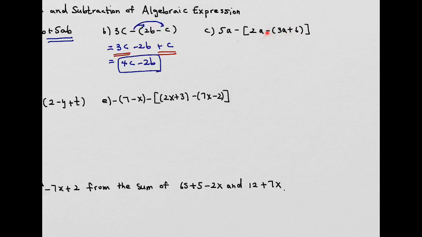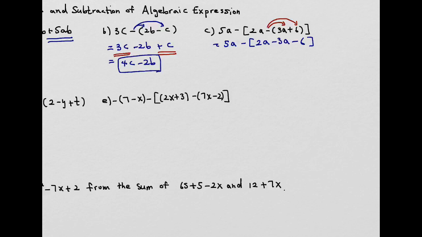So we need to open the parenthesis by distributing this negative again. When you're distributing this negative 1, you're distributing into both terms. So when you rewrite this problem, you get 5a minus 2a minus 3a, and then minus 6.